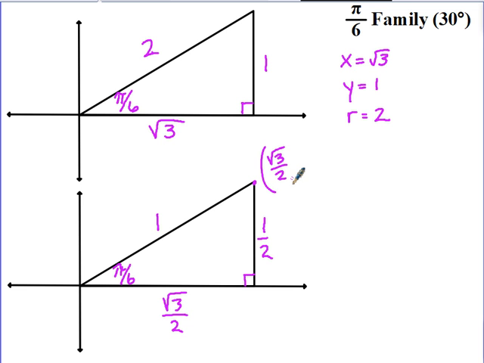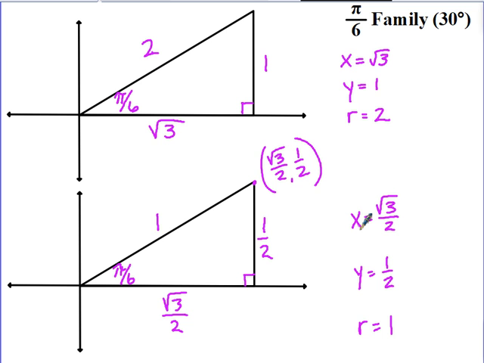So now my x value is square root of 3 over 2, my y value is 1/2, and my radius is 1. Okay? Some students think that this is easier because the radius is 1, so you don't really have to worry about that. You can just think about x, y, and y over x for sine, cosine, and tangent.